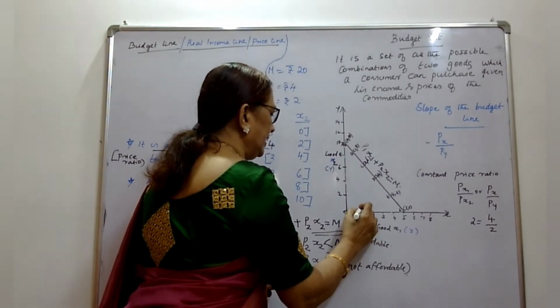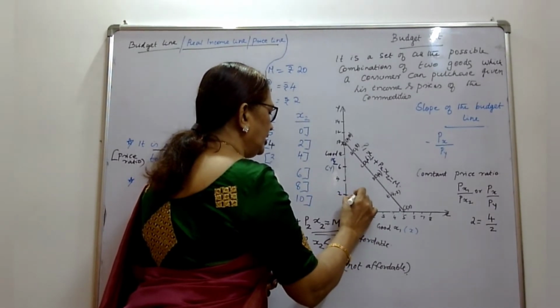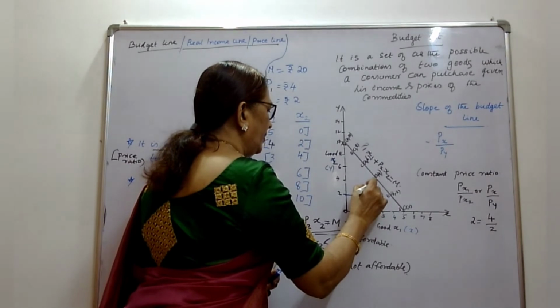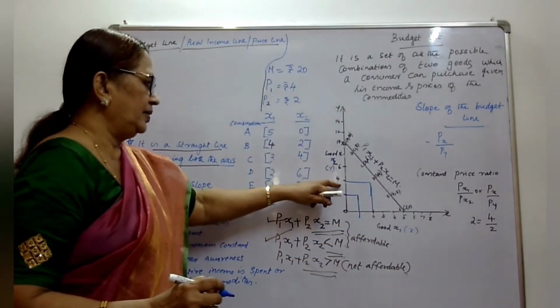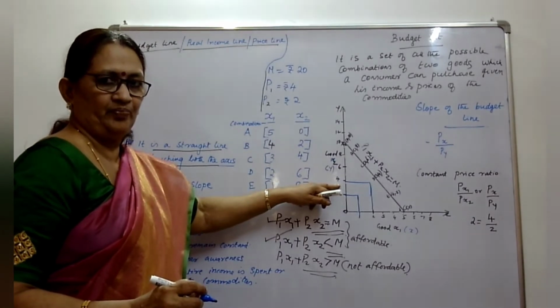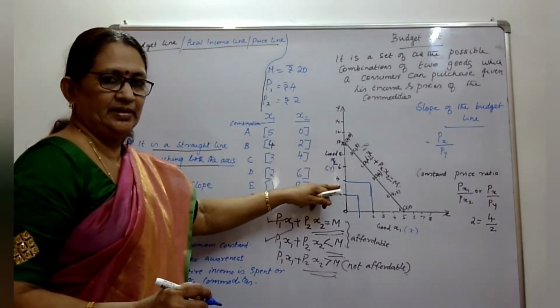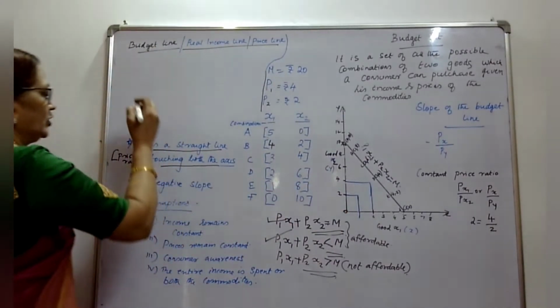So, we will check here. If 1 unit of X and 2 units of Y, and 2 units of X and 4 units of the other commodity X2, what will be the budget equation? What is the price of X1?